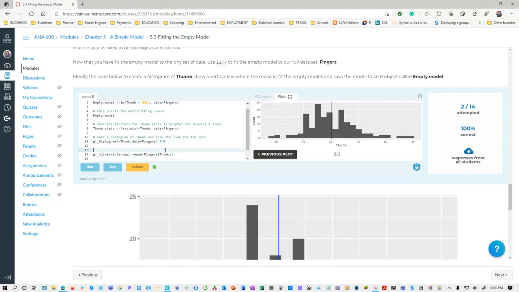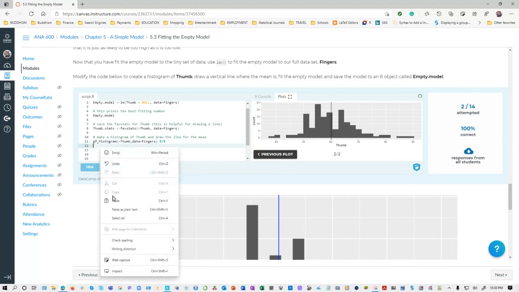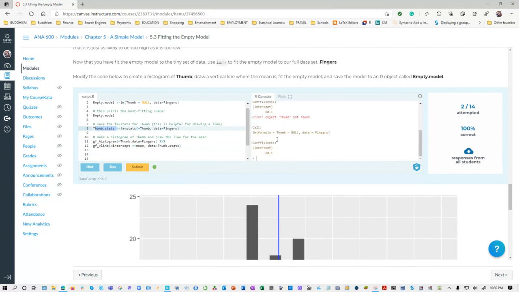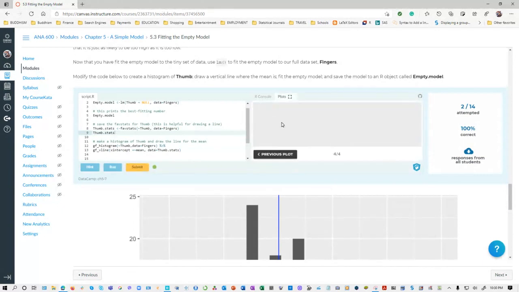But the way that we did the other one, follow very carefully. Look at this one. I'm picking the mean from thumb stat. Within the thumb stat, that means if you run this one, thumb stat means this one. If you run that one, stat v line, this one. I'm going to run this one.